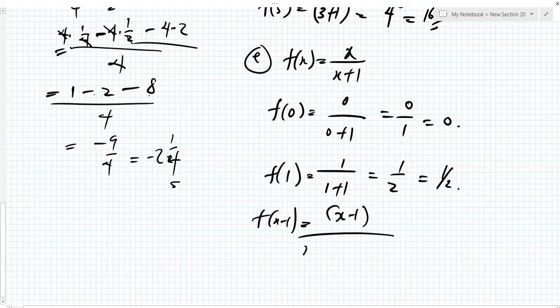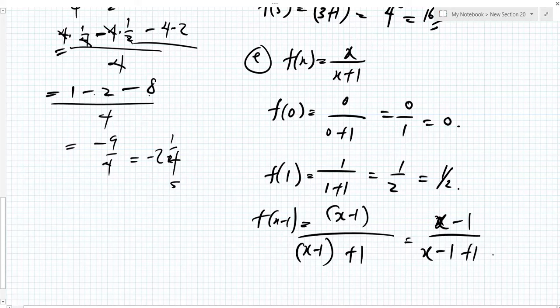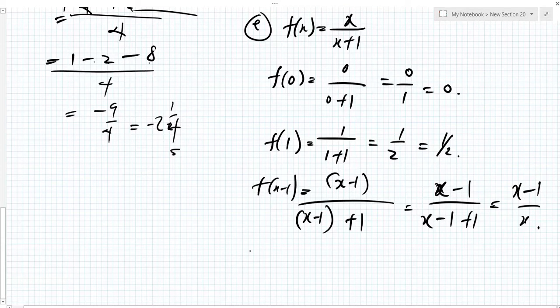So this one will also be x minus 1 plus 1. So it will now be x minus 1 all over x. So f of x minus 1 is equal to x minus 1 all over x.